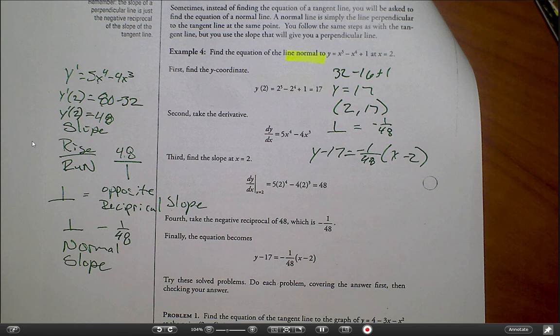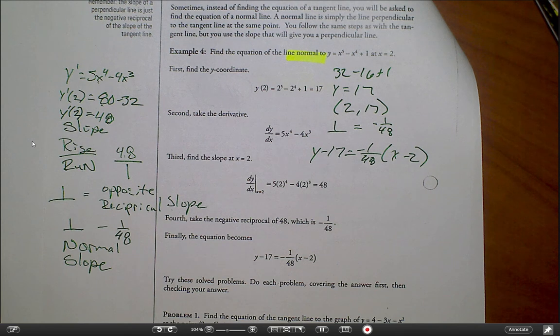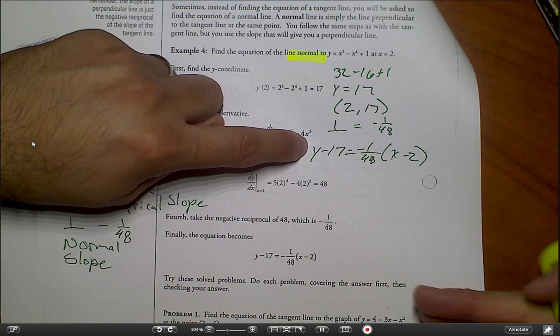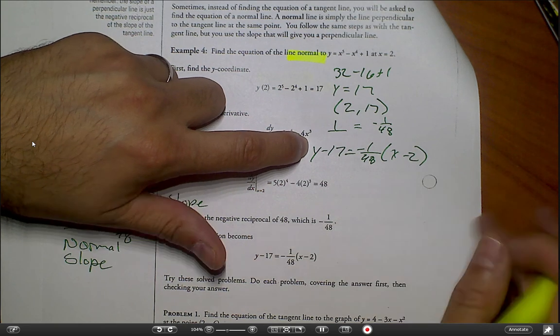Now, one thing about AP. You guys recall, what was the one thing about AP that we got to try and remember, especially on the free response? Leave it the way it is. Don't simplify, okay? Because if you do that and make a mistake, your answer goes from right to wrong. Even if you have this right, if your next step is wrong, you lose that point that you just had.